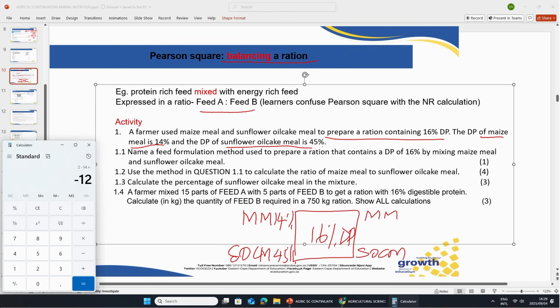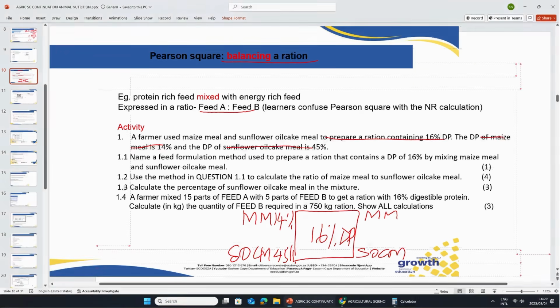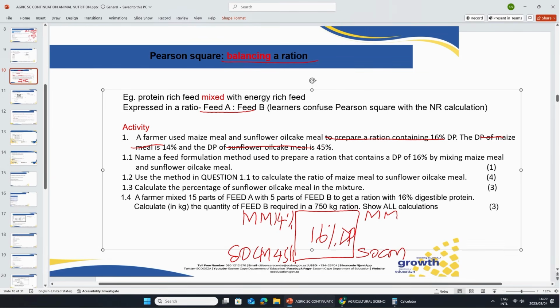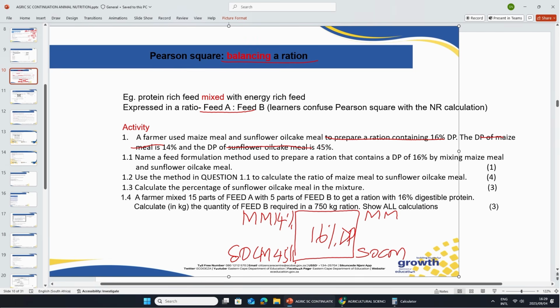Then we always calculate diagonally. We minus the small number from the big number. We do not have a negative number either way. That is, we say 16 minus 14, 45 minus 16.